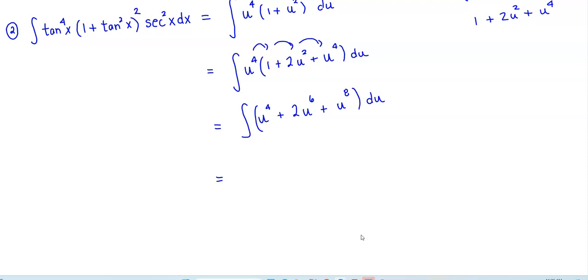So the antiderivative of u to the 4th is going to be 1/5 u to the 5th plus 2 times 1/6, sorry, not 1/6, 1/7 u to the 7th plus 1/9 u to the 9th plus c.